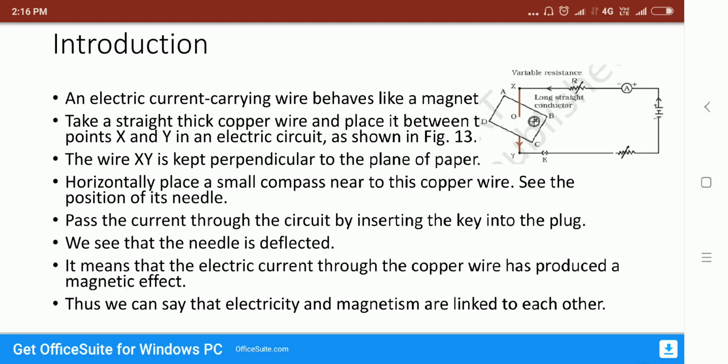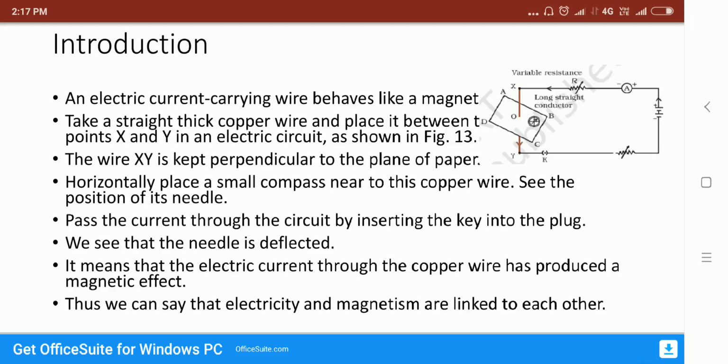Horizontally on that paper we place a small compass for the magnetic needle direction near the copper wire. Now we pass the current through this copper wire by connecting a rheostat, an ammeter to measure the current value, a battery and a plug key.